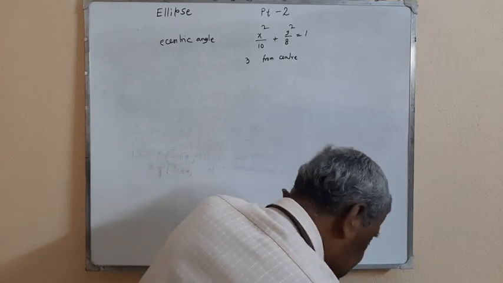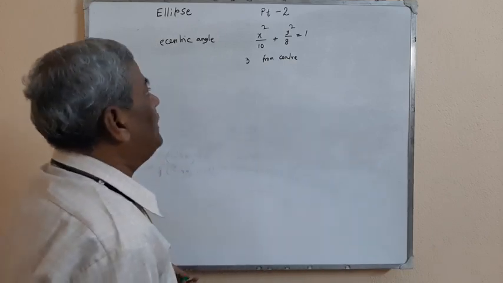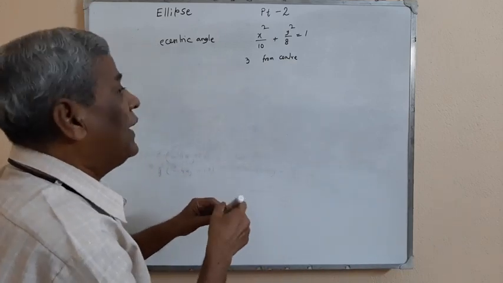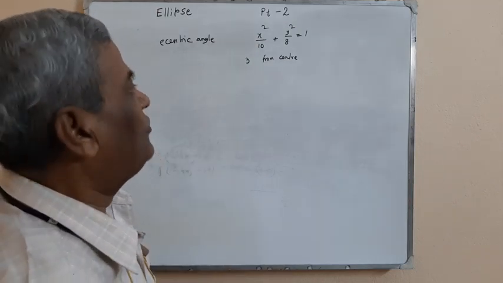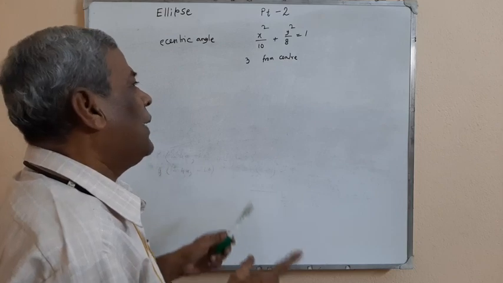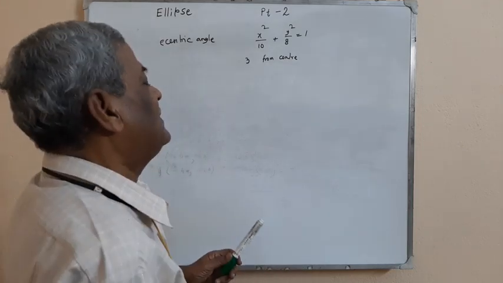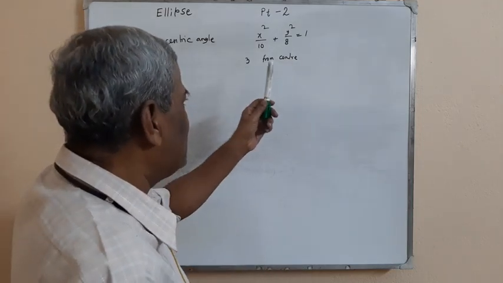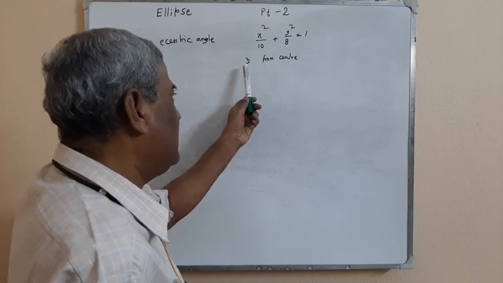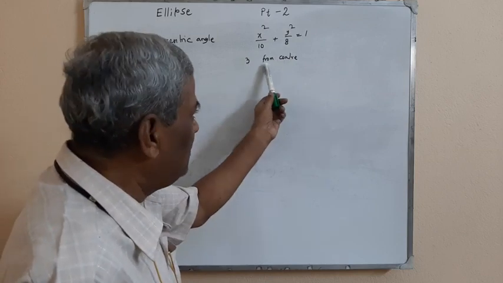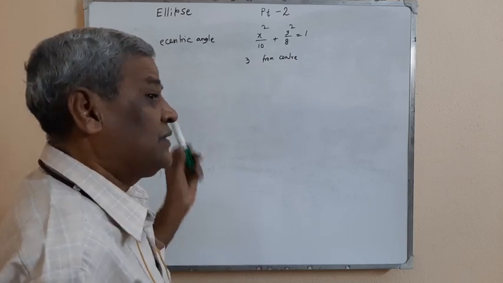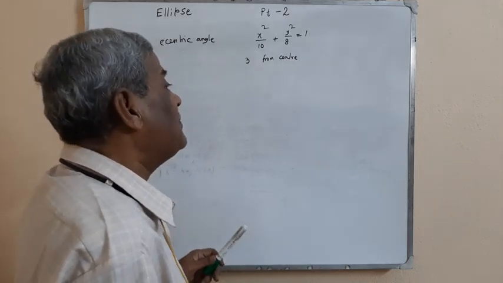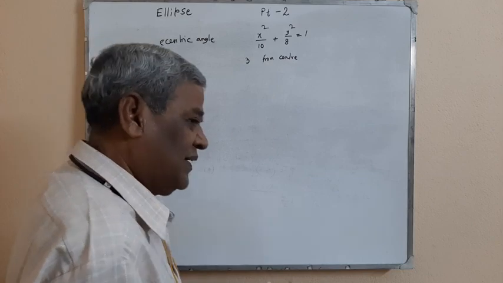Now here the problem is, one ellipse is given in standard form, and one point in first quadrant such that its distance from origin is 3 units. Origin means center. Its distance from center is 3 units. To find the eccentric angle of that point.